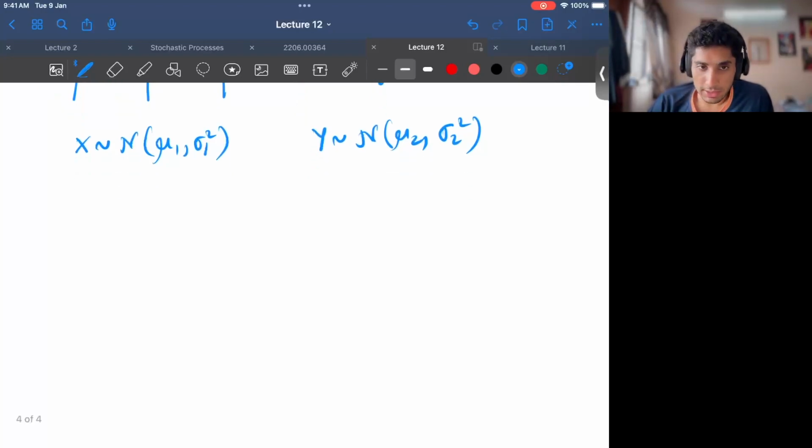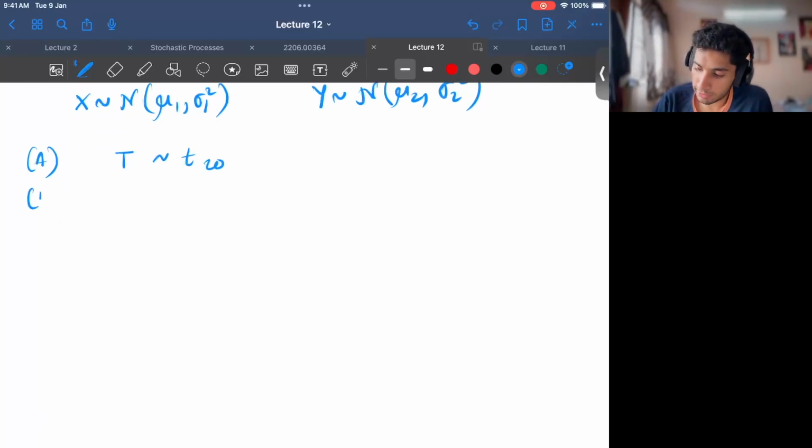Then there are some statements given to you. The first statement is that the test statistic, let's call it T, has approximately a T distribution with 20 degrees of freedom. The second statement is that the value of the test statistic is minus 3.102.